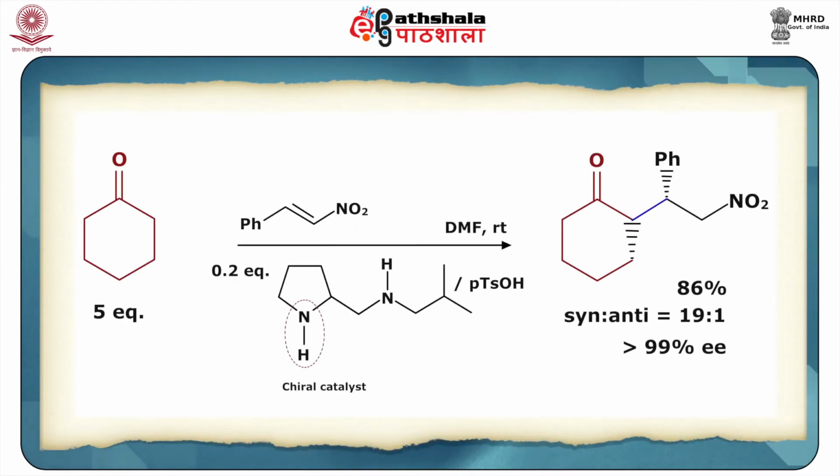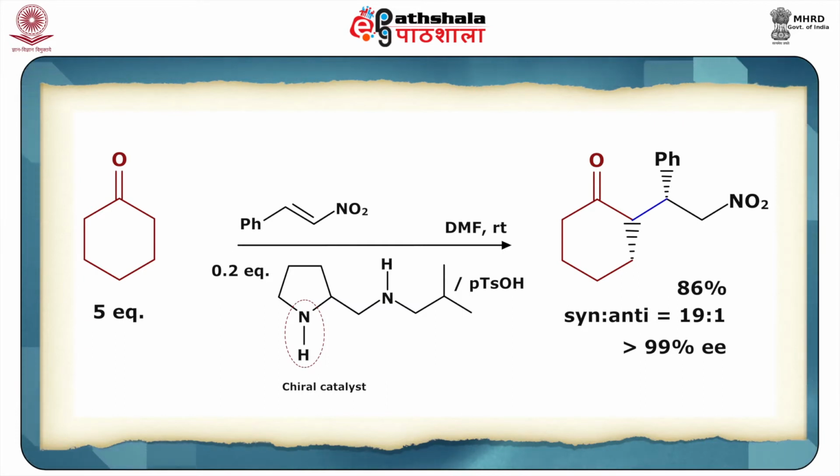The second way of introducing chirality is the use of a chiral catalyst, and when we do that, the chiral catalyst induces chirality in the reaction product. Let us see how. Of these, the use of chiral enamine catalysts has received great attention.